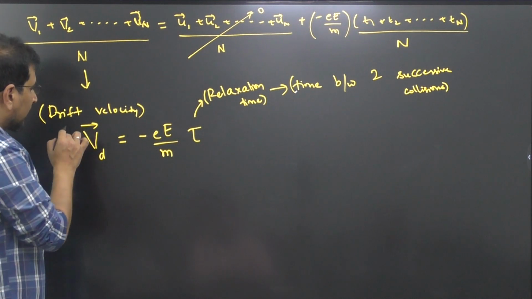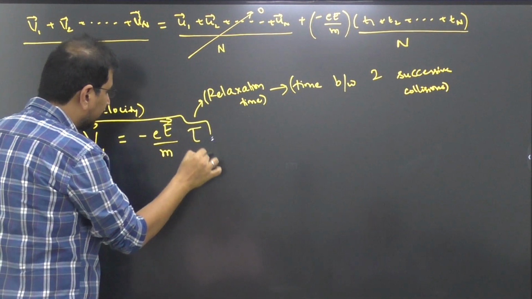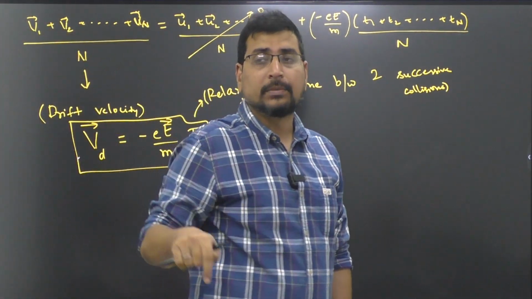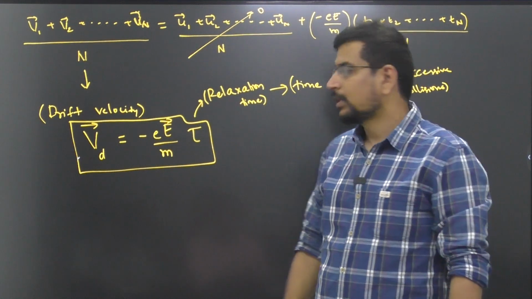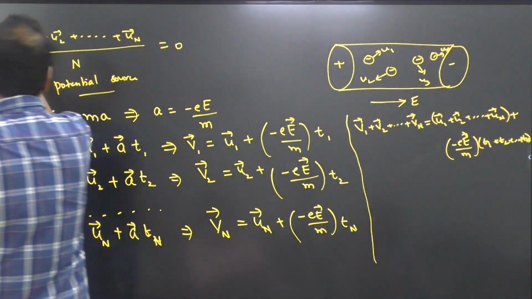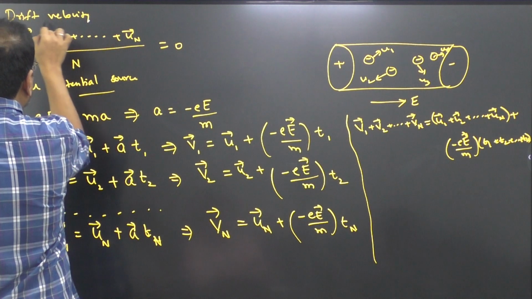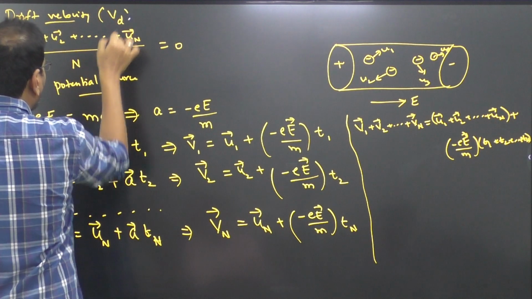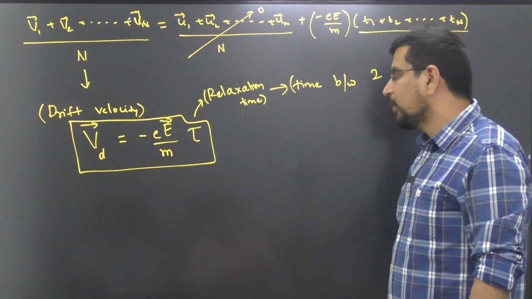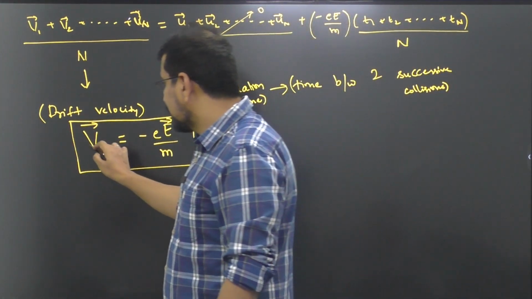Right? So this drift velocity is mathematically represented as minus e into E vector divided by m into tau. So the name of the topic is drift velocity, which is represented by the symbol Vd. Drift velocity is minus e into E vector divided by m into tau. So how did we get this drift velocity?